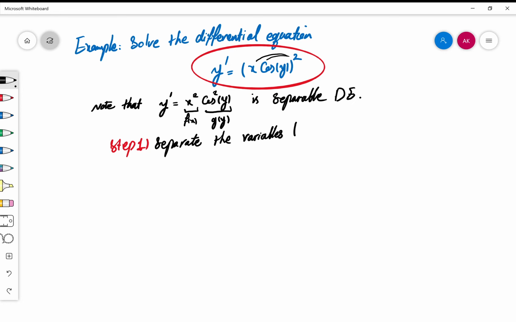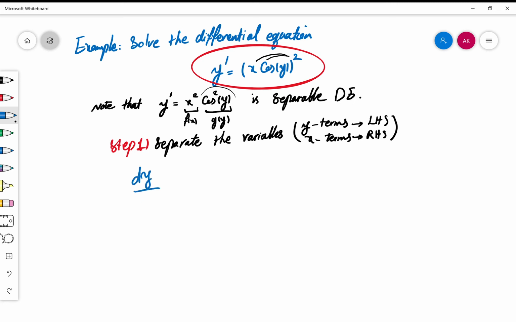Meaning that, well, all the y terms on the left hand side, all the x terms to the right hand side. Here I can divide this to the other side, so let me write this as dy dx.